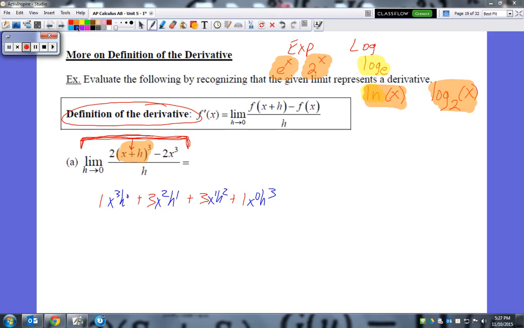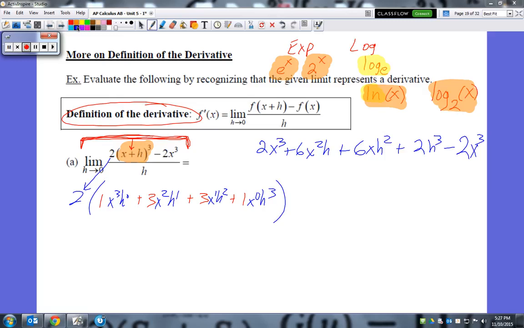So if I simplify the top and multiply it with this 2 that's in front of it, I will get 2x cubed plus 6x squared h plus 6xh squared plus 2h cubed minus this 2x cubed here at the very end. Okay, and this is all over h.